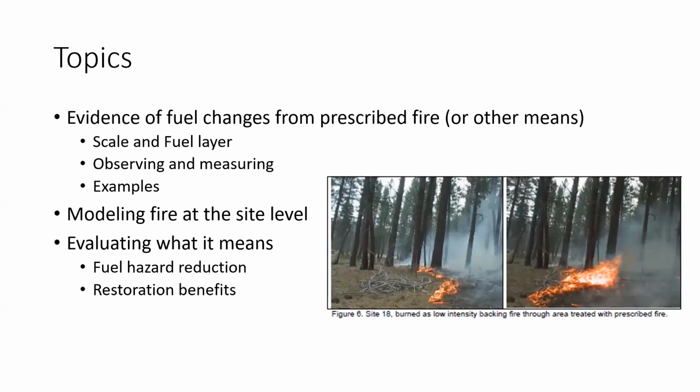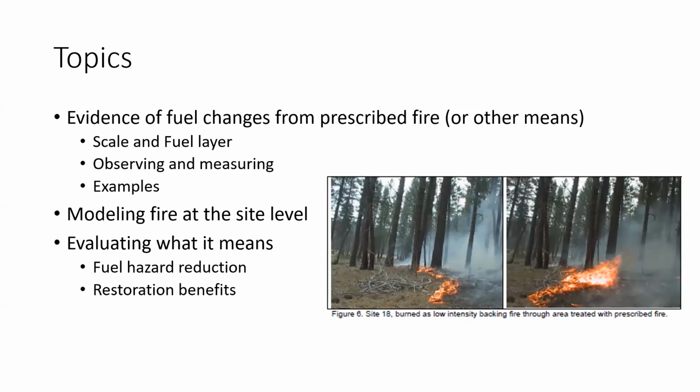So what I'm going to talk about tonight are evidence of fuel changes from prescribed fire, or it can come from managed fire, and talking about the scale of that treatment, what fuel layer you're talking about, surface or ground, whether you're just observing it, which I do all the time, or measuring it, some local examples. I'll do burns at my place, and then some work I've done for the Yuba Watershed Institute.